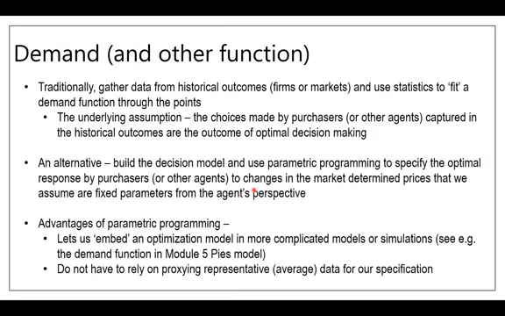It is an average, and we may be very non-average, and we also may have competing interests in the firm that cause our optimum to adjust much more steeply. We might need to respond with a much steeper firm-level demand curve because of some constraints in the firm. And the only way to capture that would be to build this alternative decision model for the firm and do a parametric programming approach to get what our demand curve looks like.